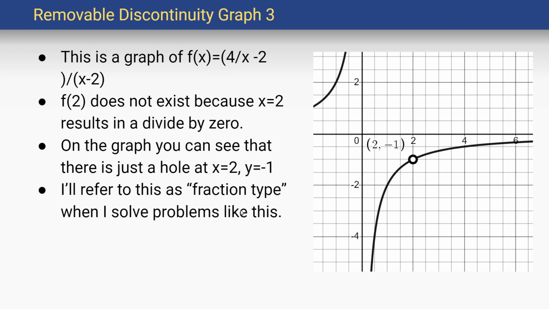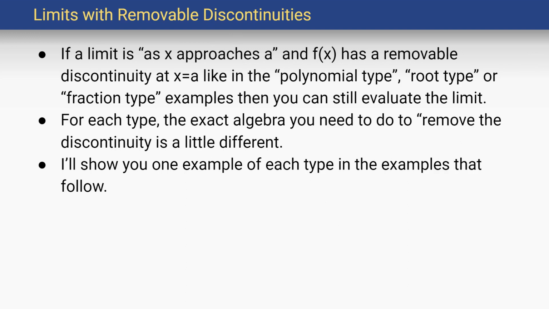And when we see it typeset, it'll make more sense. You'll see a fraction in a fraction. And that's what makes it the fraction type. Okay, so how are we going to go through and solve these? Well, the first type, we already know how to solve. And I think we'll do an example of that first.